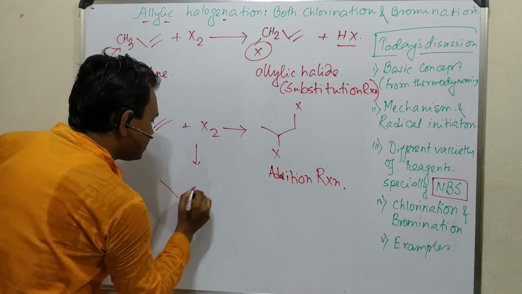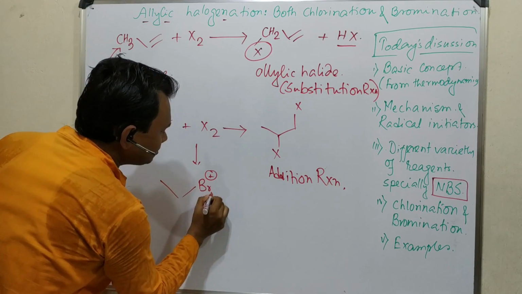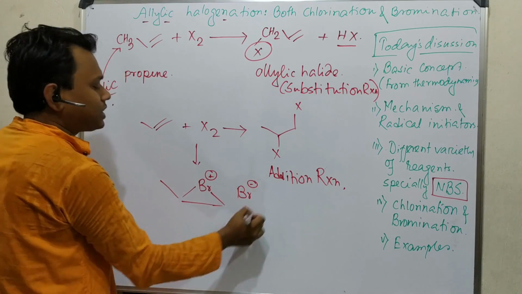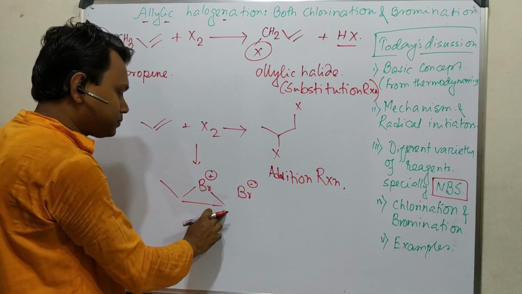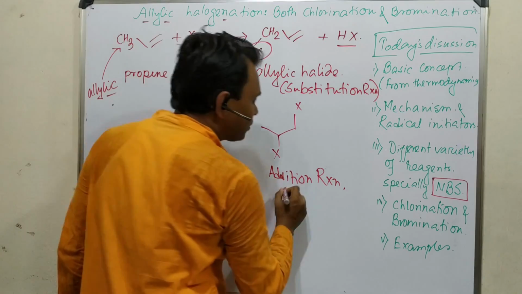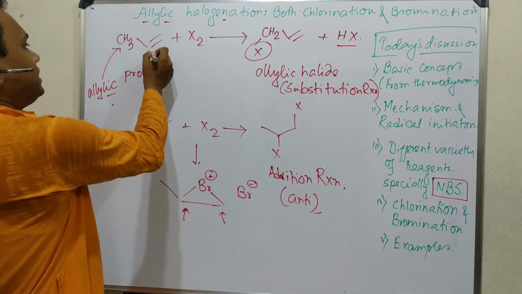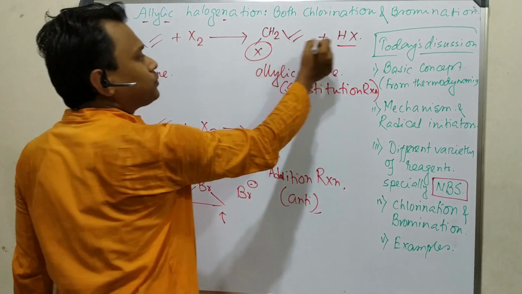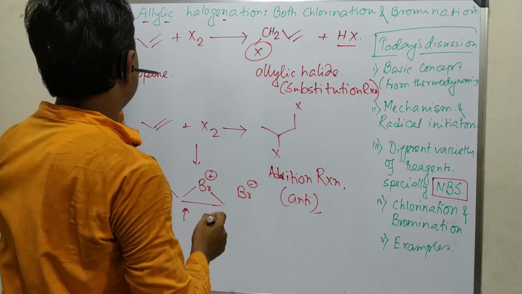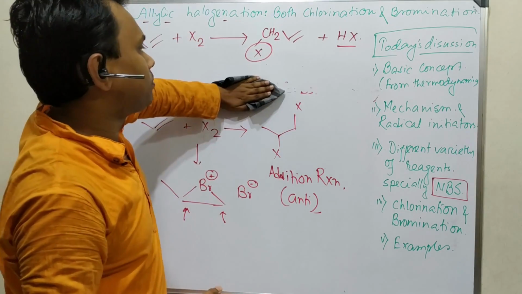Initially, if we take bromine, it produces a bridged bromonium cation, and another anion is there, which can attack this position or this position, and ultimately produces anti product, trans product. So here, two molecules of reactant produce two molecules of product in substitution, and in addition two molecules of reactant produce one molecule of product.